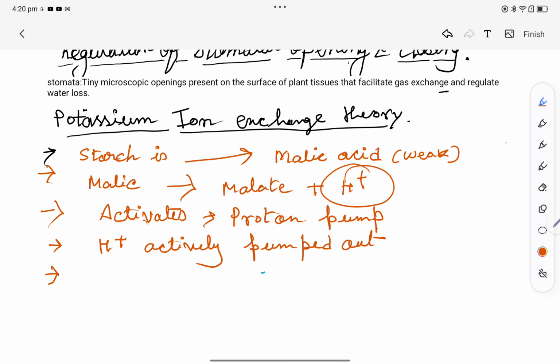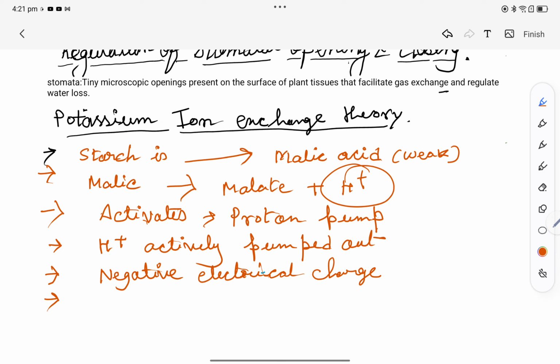Now it will result in a negative electrical charge. If so many ions are pumped out, then obviously it will become negatively charged.